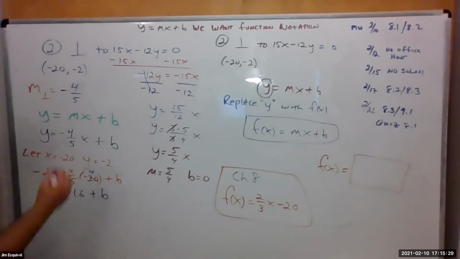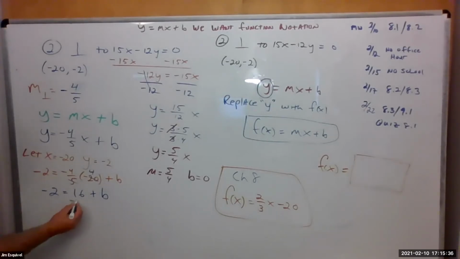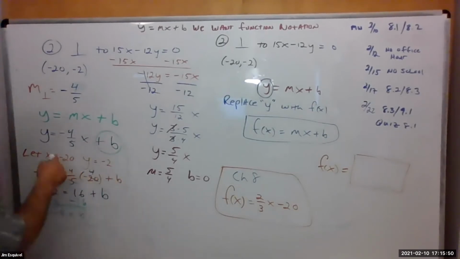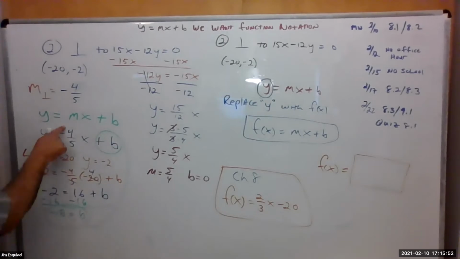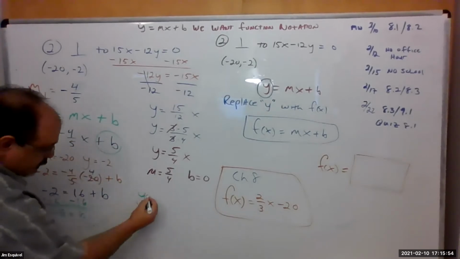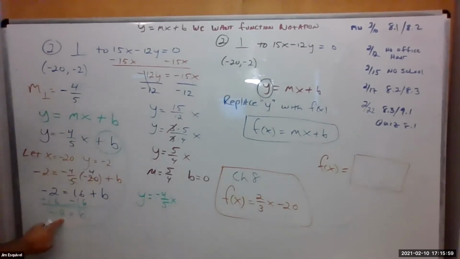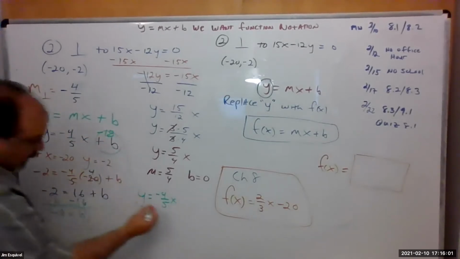And then we subtract 16 from both sides. And that's negative 18 equals our y-intercept. So we end up with y equals negative 4/5 x plus negative 18, so minus 18.